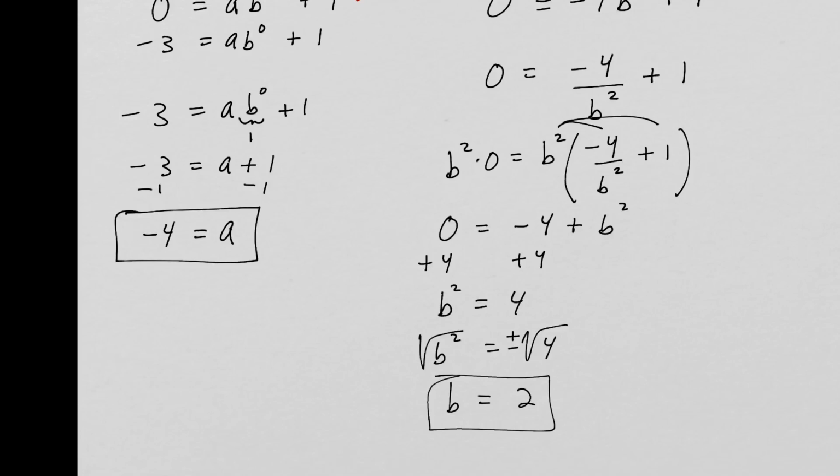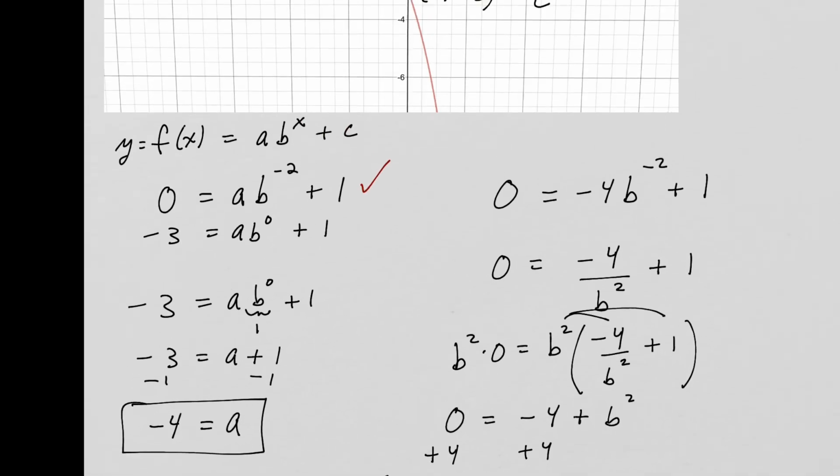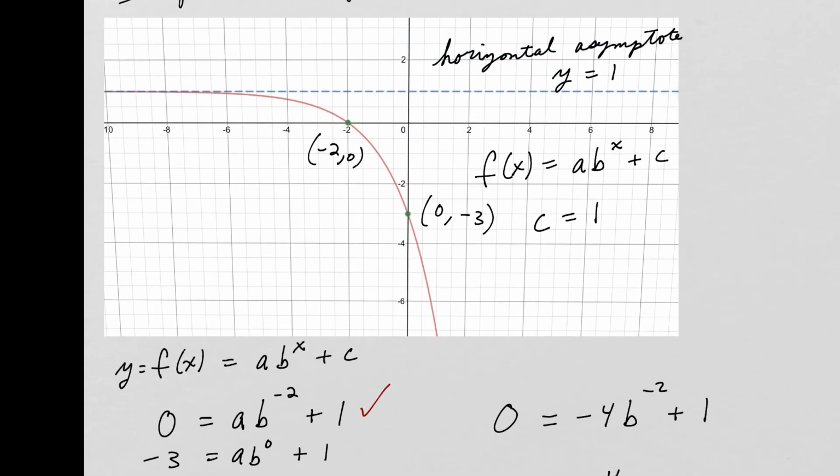So now I can write out the actual exponential function of that graph. It was f of x is equal to negative 4, that was a, right? Then it was b, so that's 2, raised to the x, and then plus c, but c was 1. So this is the function that describes that graph.